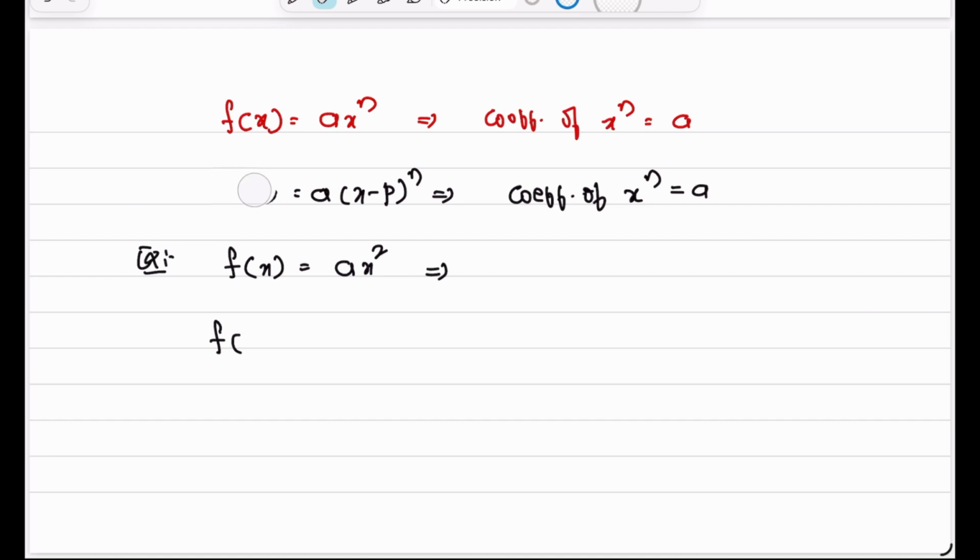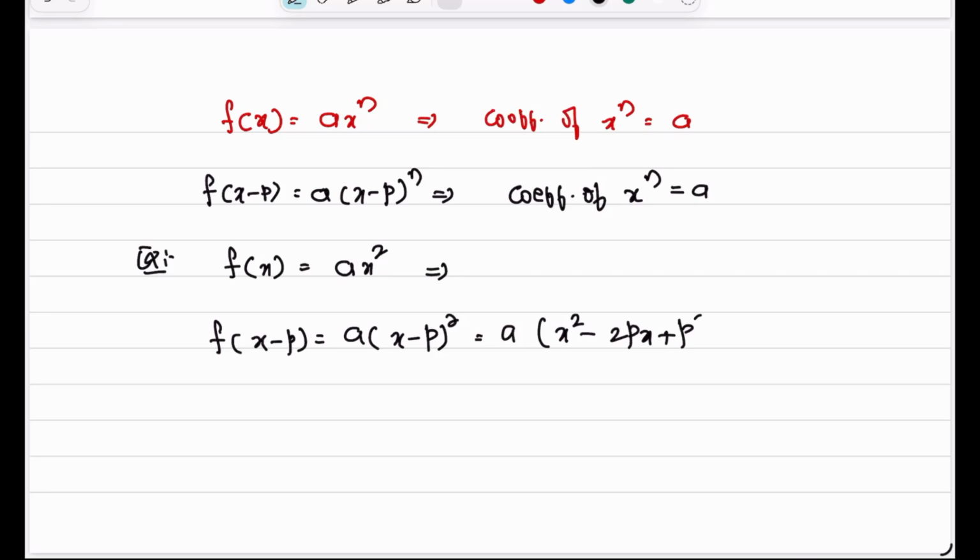Here we have to write f(x − p). f(x) = a·x². f(x − p) = a(x − p)² = a(x² − 2px + p²) = ax² − a·2px + ap².